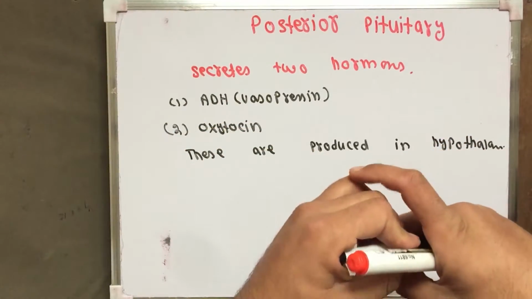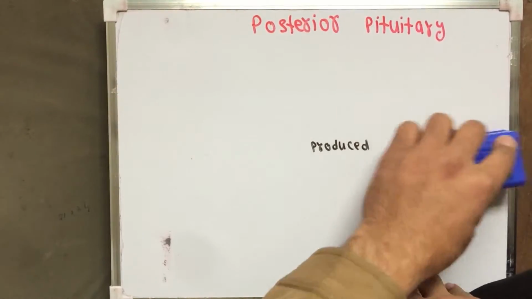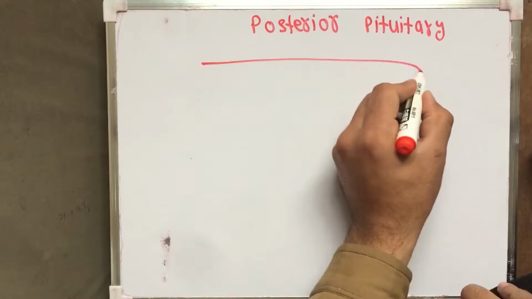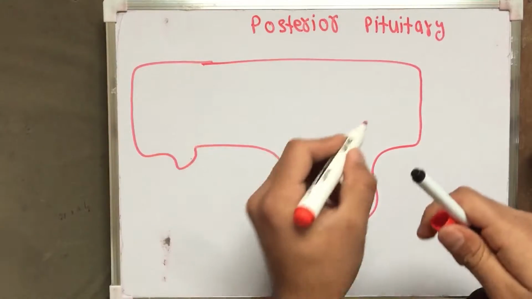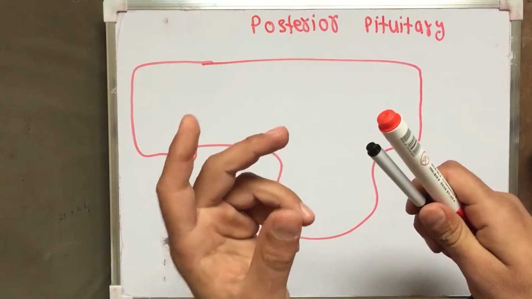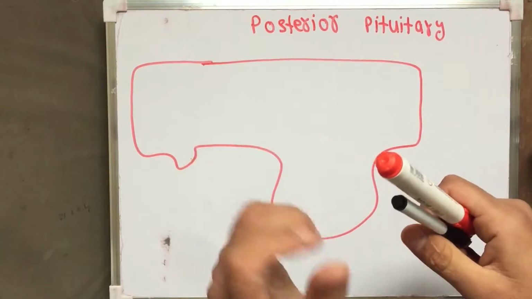Let's draw a diagram of how the hypothalamus produces these two hormones. This is the hypothalamus. In the hypothalamus, we have two nuclei. Let's discuss these two nuclei with respect to the posterior pituitary.